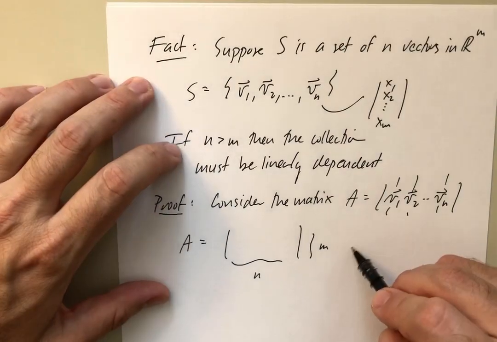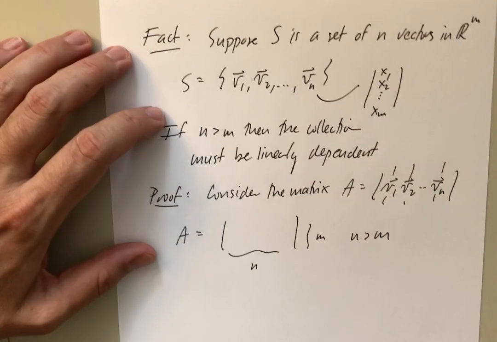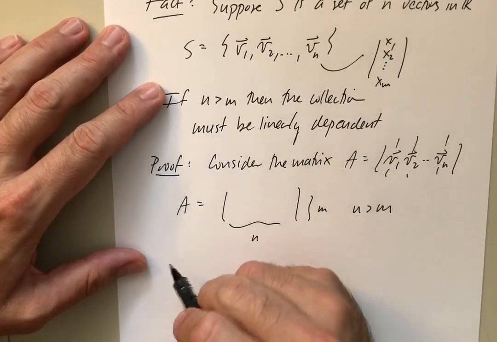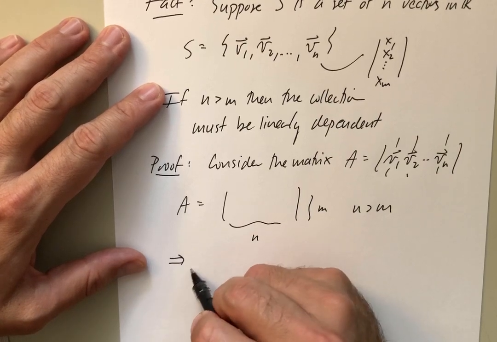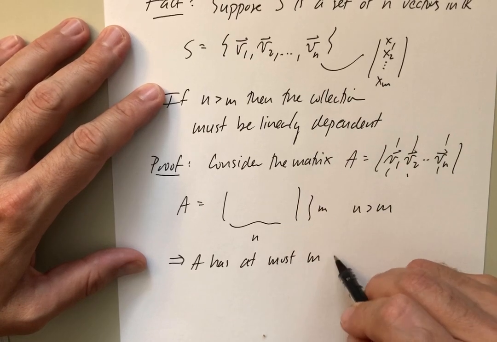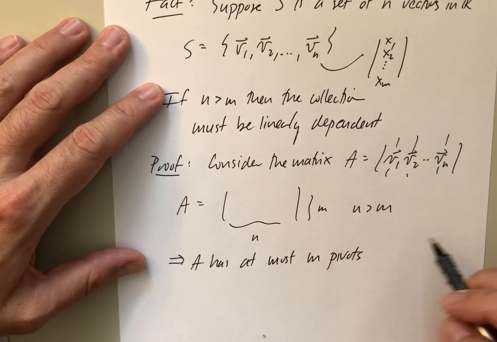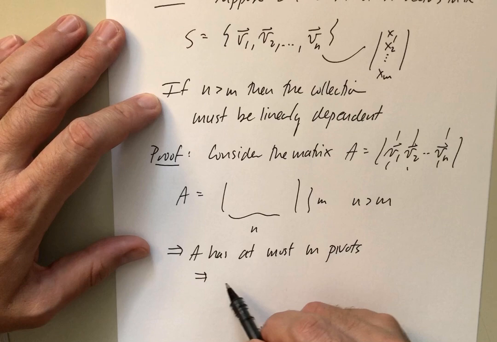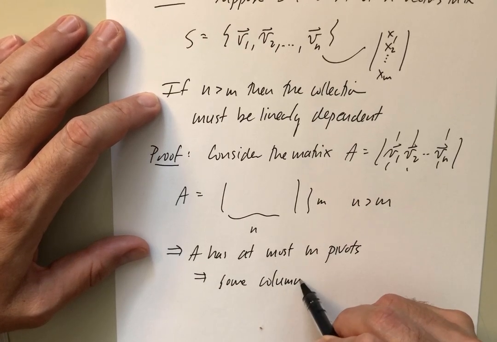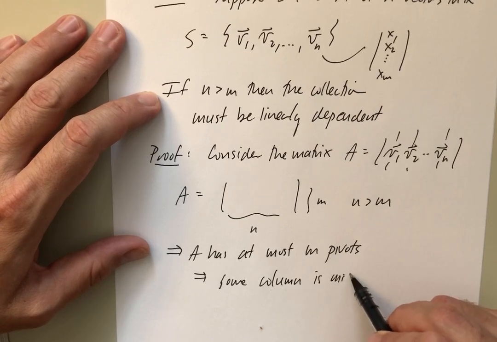And we know now that n is bigger than m, and we've seen this before. If you have more columns than rows, then this means that we have at most m pivots, because you can have at most one pivot in every row, and this implies that at least one column is missing a pivot.